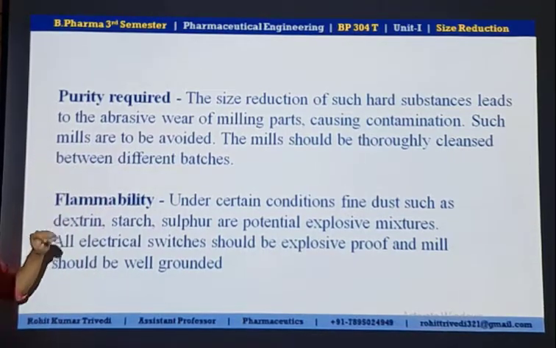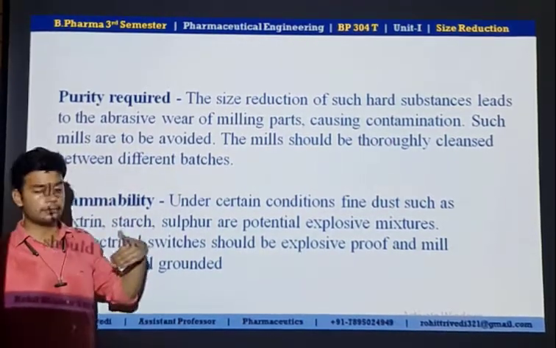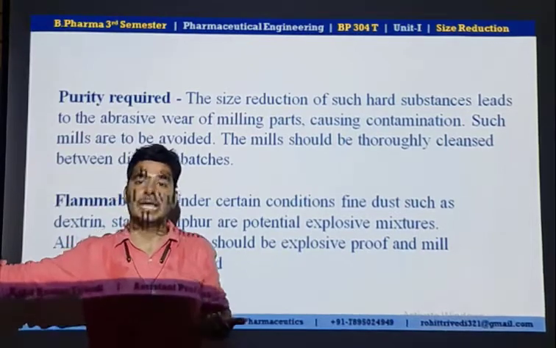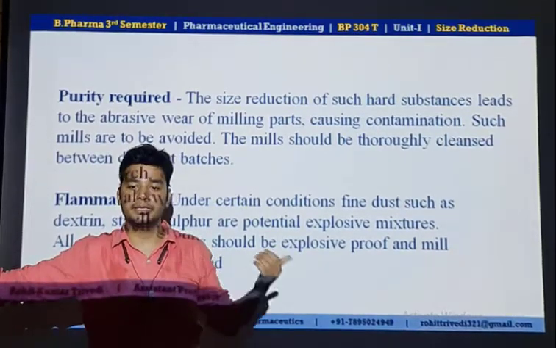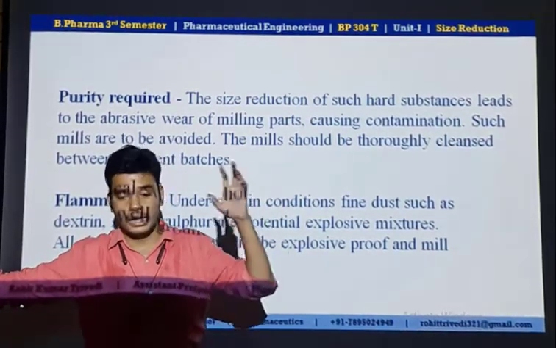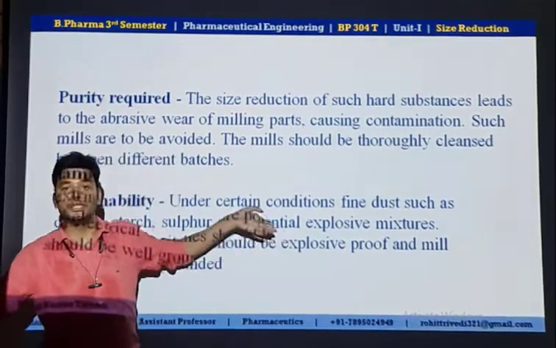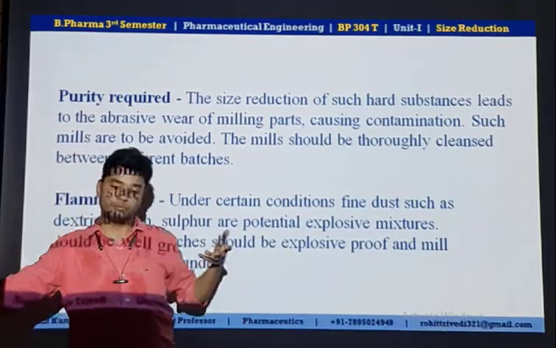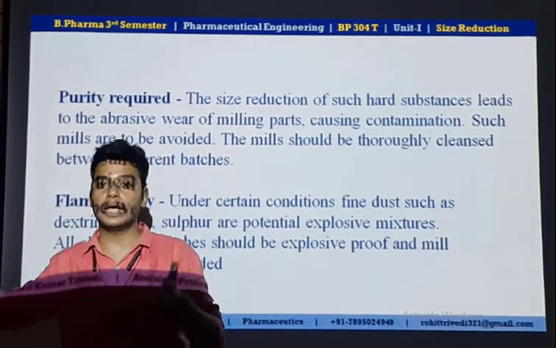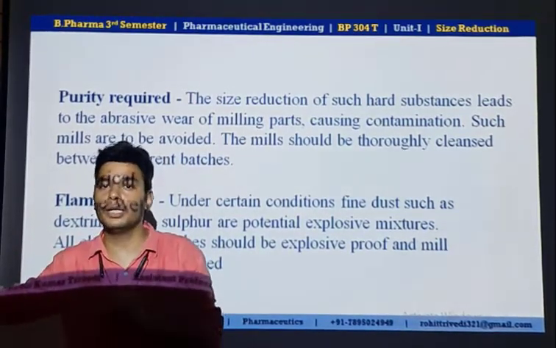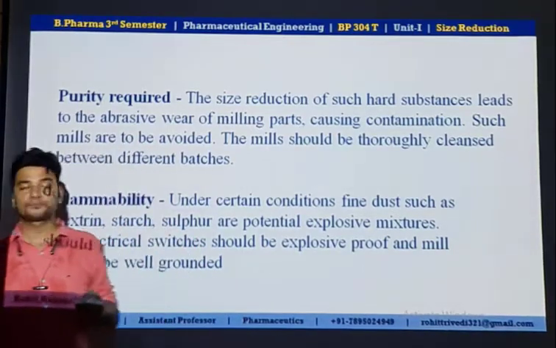Next is flammability. We have certain materials that are explosive in nature. When we increase the temperature and apply impact on that material, there may be an explosion during this process. So we should control all these things according to the nature of that material.